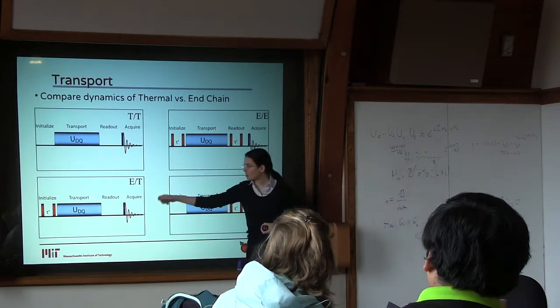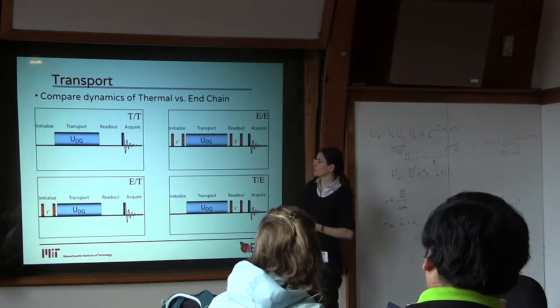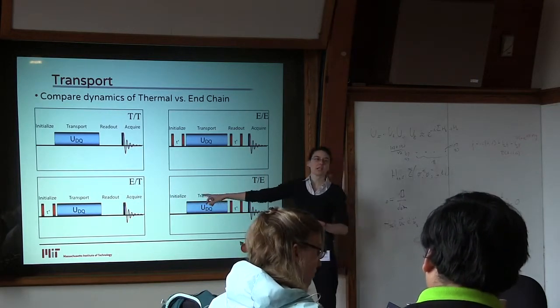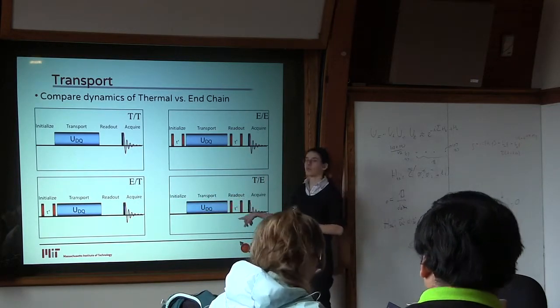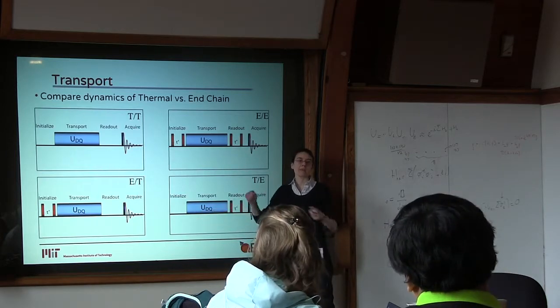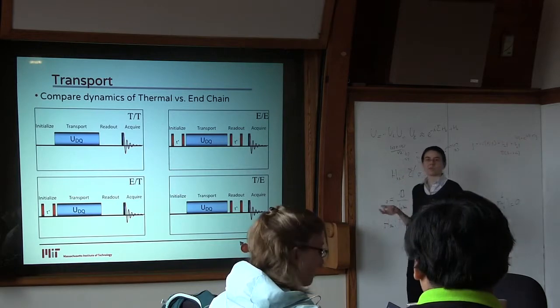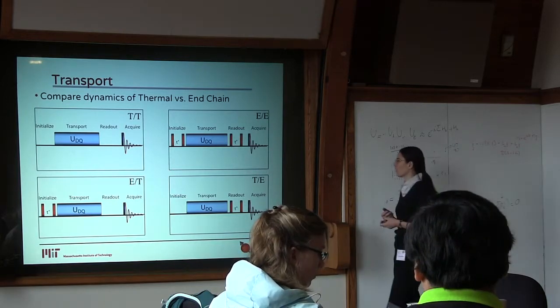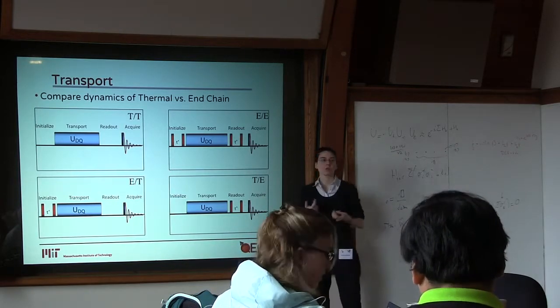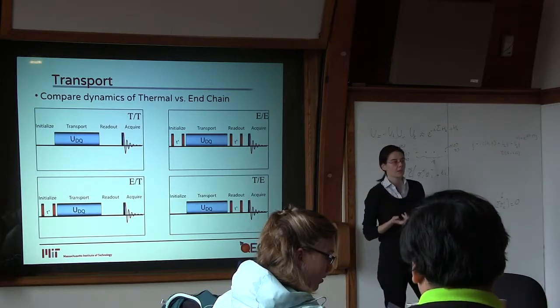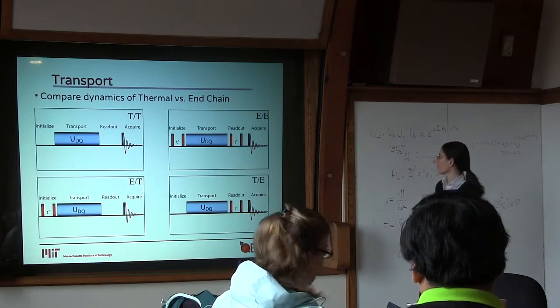And then we have intermediate experiments in which we do only the initialization, but not the readout step, or we only do the readout step and not the initialization. And by symmetry, they should give basically the same result. Again, this is to make sure that our readout and initialization protocol, which are the most challenging steps in this type of system, are actually working.